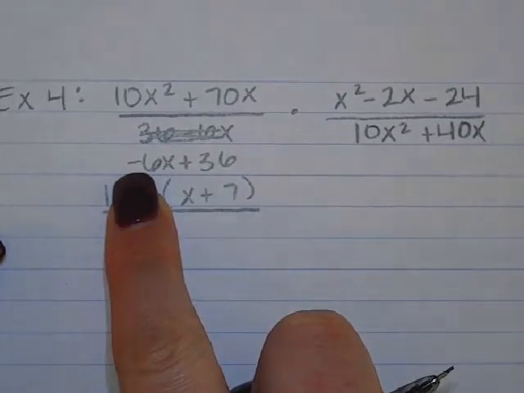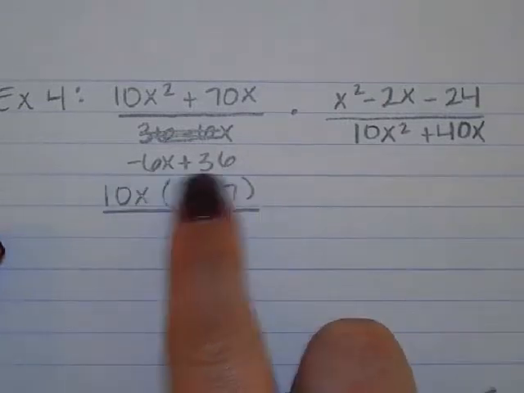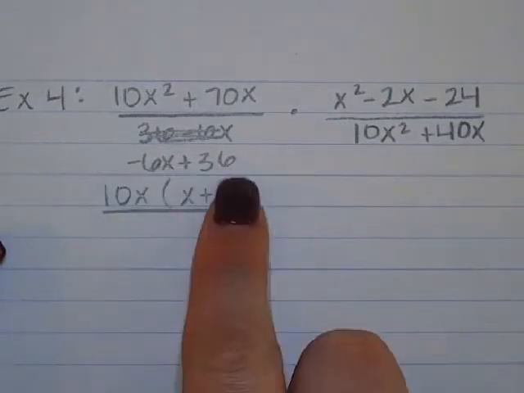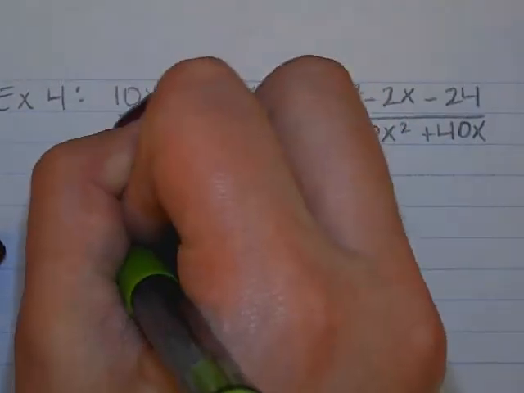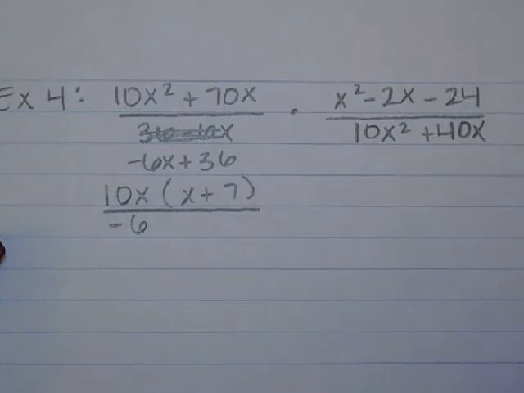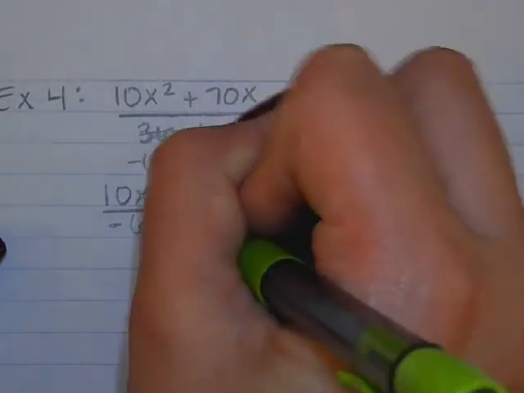So you get negative 6x minus 6. The GCF was already 6, so we're going to take out a negative 6. And when we take out that negative 6, what does it leave behind? X minus 6.